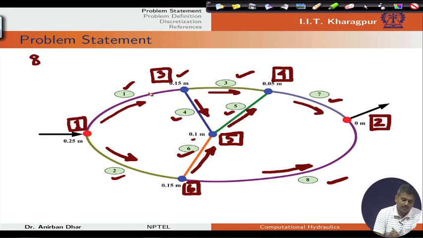So, this will be the positive direction of flow. Again, if I consider this channel 3, this is the positive direction of flow, because we are starting from higher elevation moving towards lower elevation. Again, this side it is a positive direction of flow.